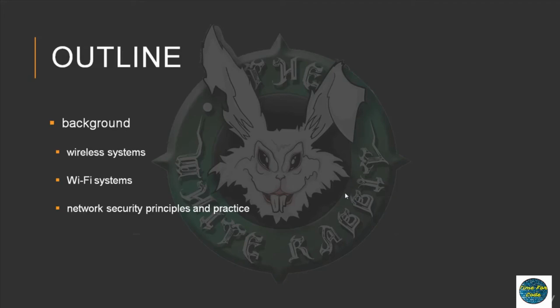There will be some brief introduction and coverage of network security principles and practice, but this is by itself a very broad area, so we wouldn't be able to get into a lot of detail there either. Again, we focus on aspects that are related to things that we will be doing in terms of the practical demonstrations. And just like our coverage of Wi-Fi systems, we'll pick aspects that are especially relevant to the rest of the course.